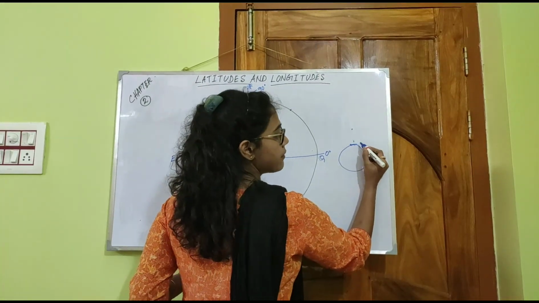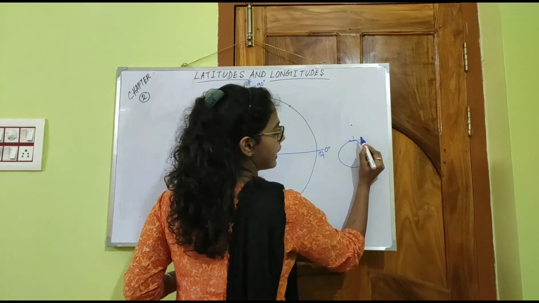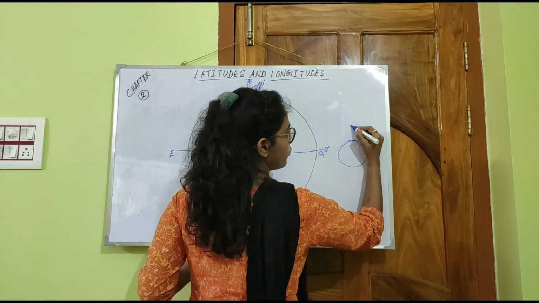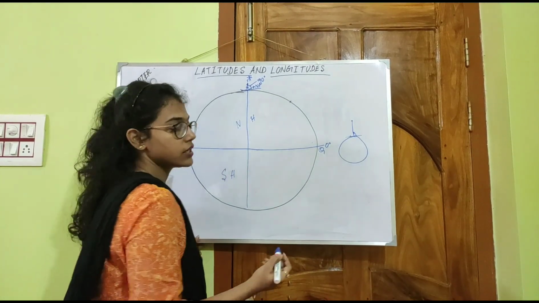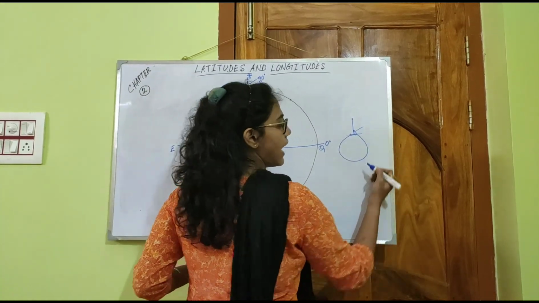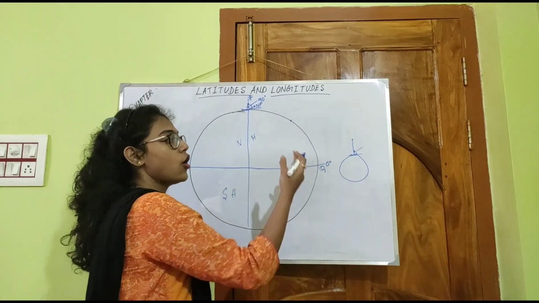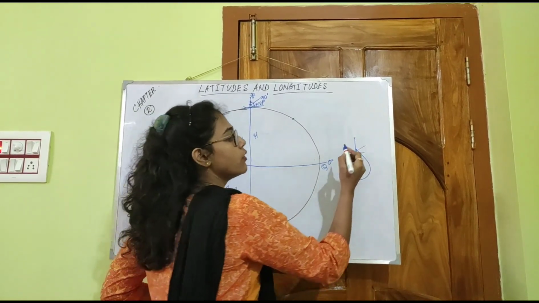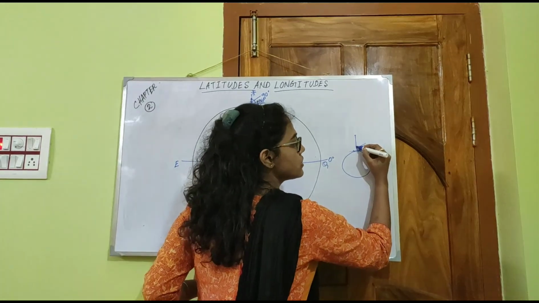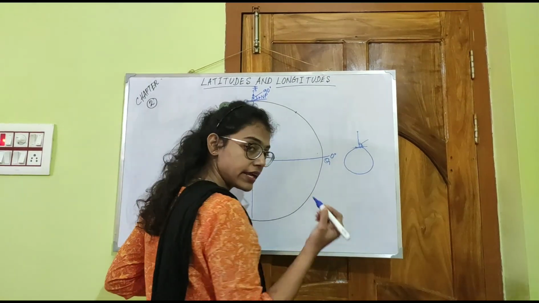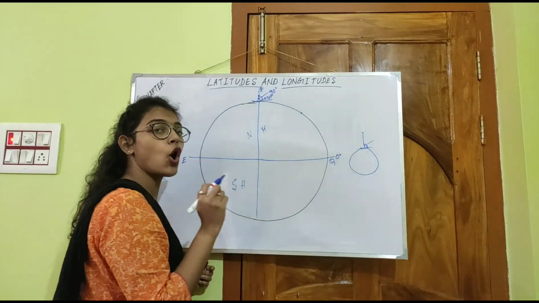Here I am drawing a horizon line, and along the horizon line, the altitude of the pole star that we get is actually the angle of the latitude of that place. The altitude we get from where I am standing to the pole star will be the latitude of that place.